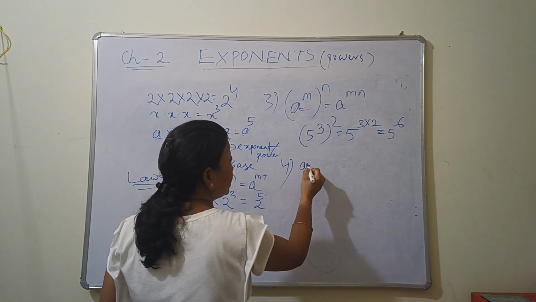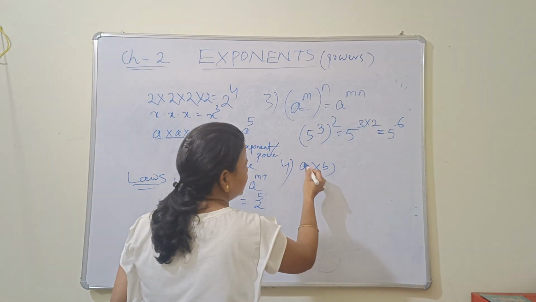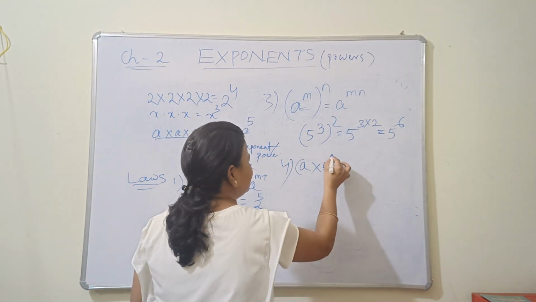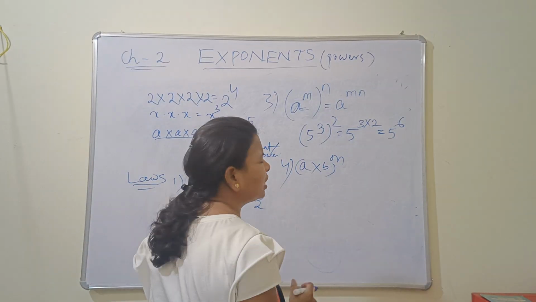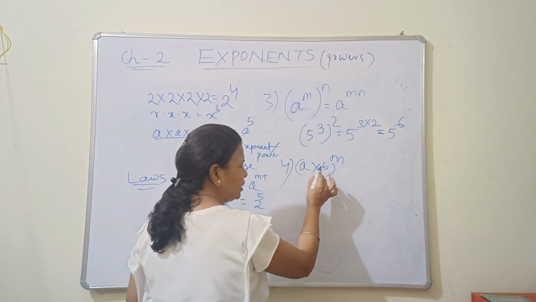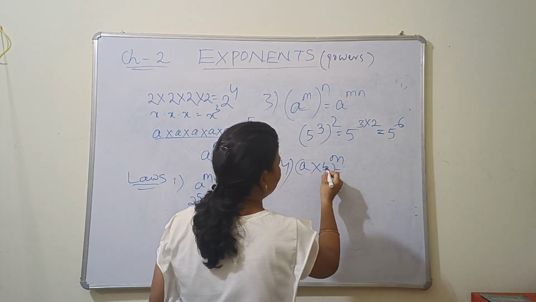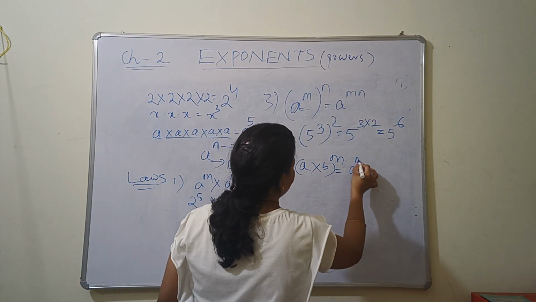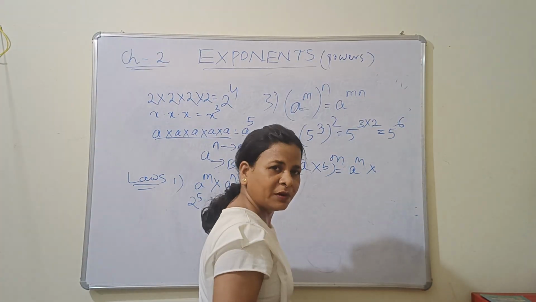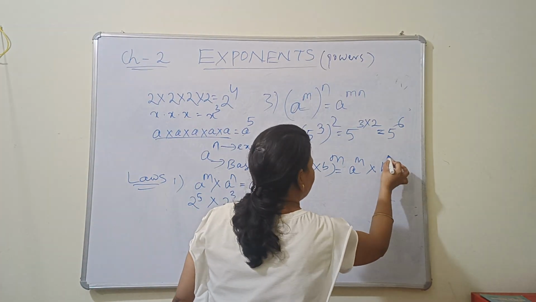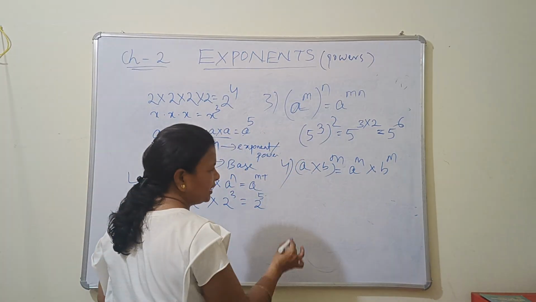Fourth one is, suppose a into b, two different numbers, are there and they are having one power, suppose that is m. A into b whole to the power m. We can split this into a to the power m multiplied by b to the power m. Take one example.